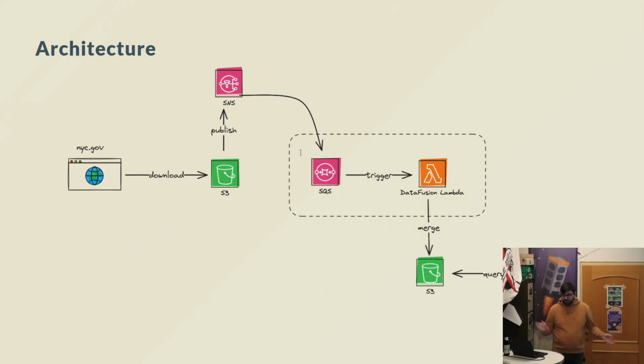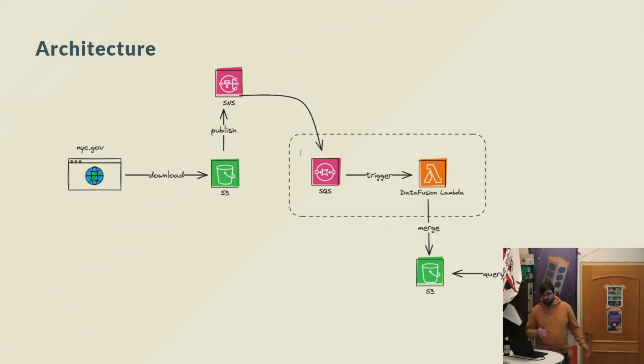You can have multiple Lambdas running in parallel. So in case someone does a huge data dump and drops a bunch of files in there, you can actually process them in parallel, and you get all of it for free because that's part of AWS Lambda. And the analytics team can then just query the output that you have on S3.